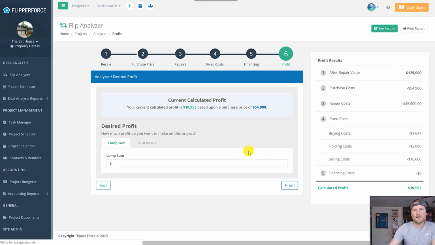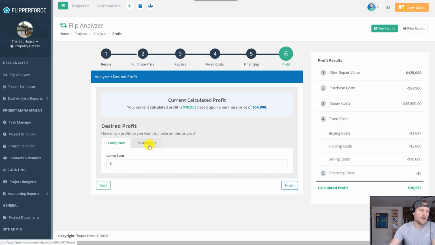And then we're going to go to the next option, which is how much profit do you want to make in the deal. You can see over here right now, we're only calculating $10,000 in profit based upon our purchase price of $54,900. If we can resell it for $125,000, buy it at $54,000, put $45,000 into it in repairs, and then have buying, holding, and selling costs of around $13,000, there's only going to be $10,000 left in this deal.